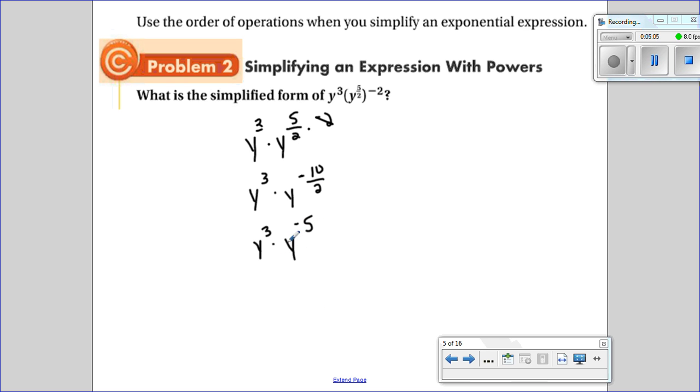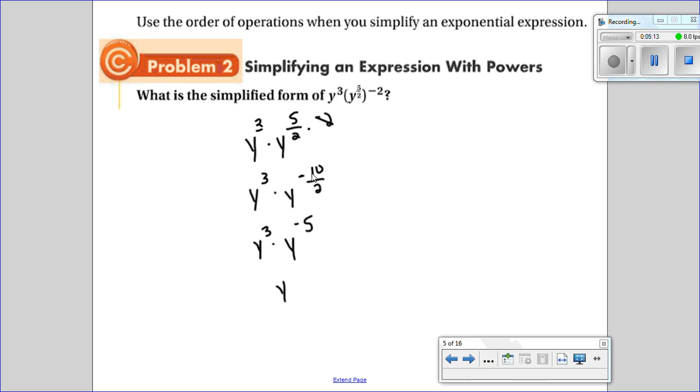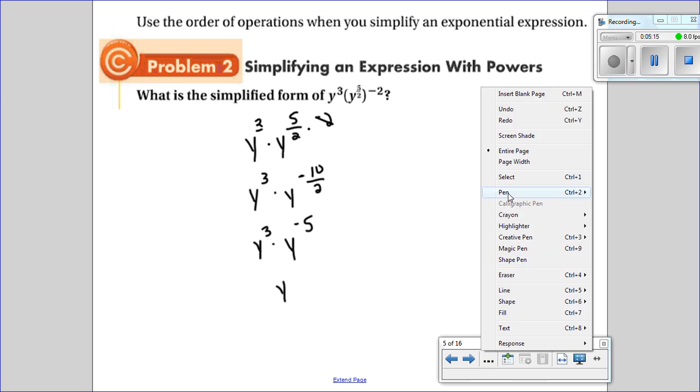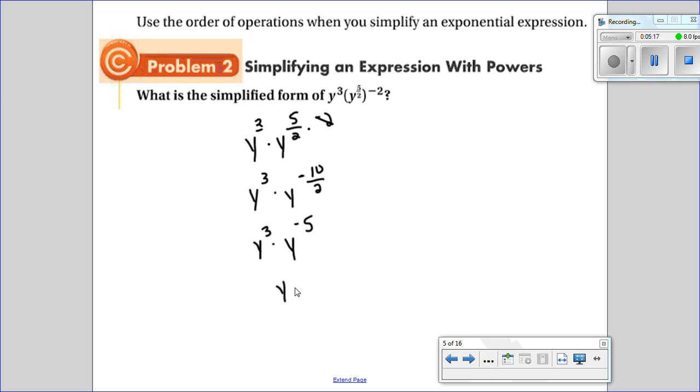And then using last section's rule, we would add these, so that would become y to the negative 2.